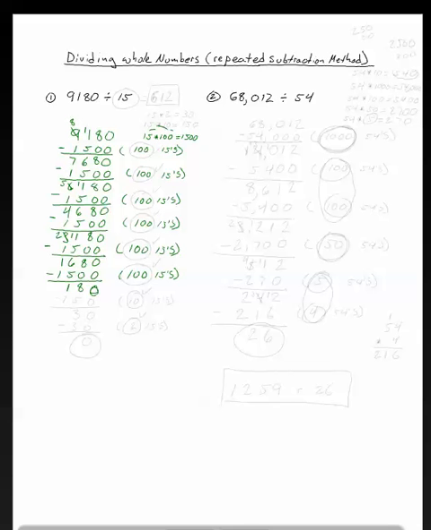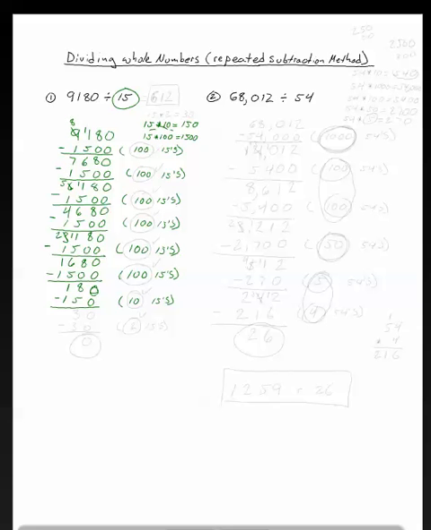So remember that I was using 15, right? That's my divisor. So what I want to do is come up with another multiplication. And I would use 15 times 10, because 15 times 10 is 150. So if I subtract 150, that's really 10 15s.